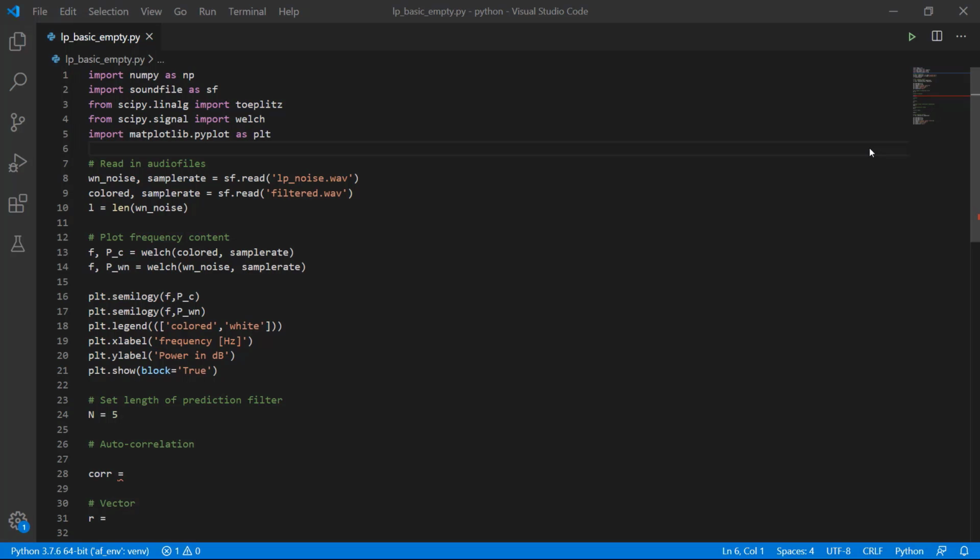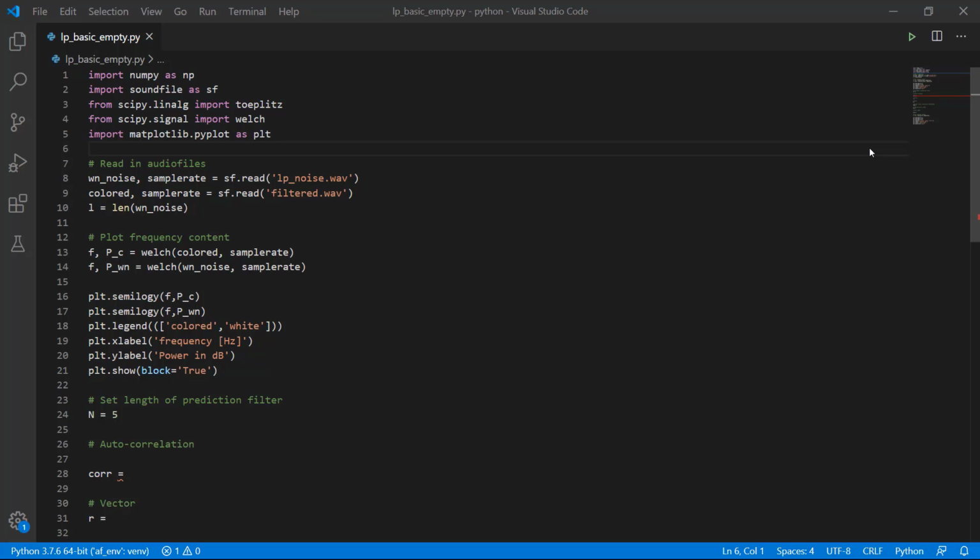For both demos we're working with artificial signals. I created a white noise signal, and I created an inverse prediction error filter. And I used those filter coefficients to filter the white noise signal, and the result was the colored signal that we load here. And we're working with both the white noise and the colored signal in this demo.